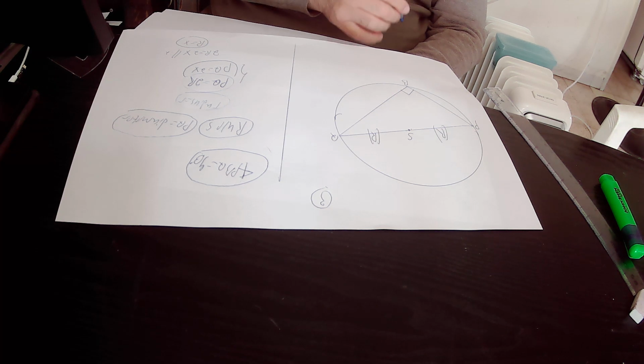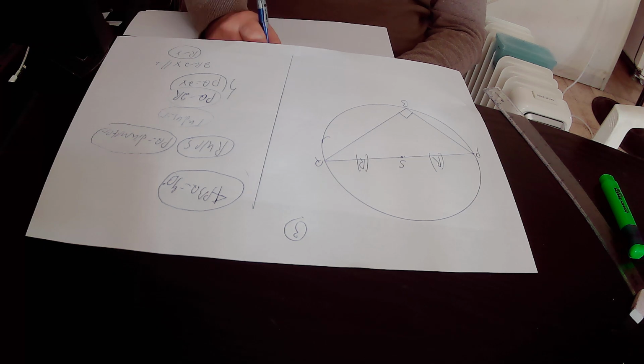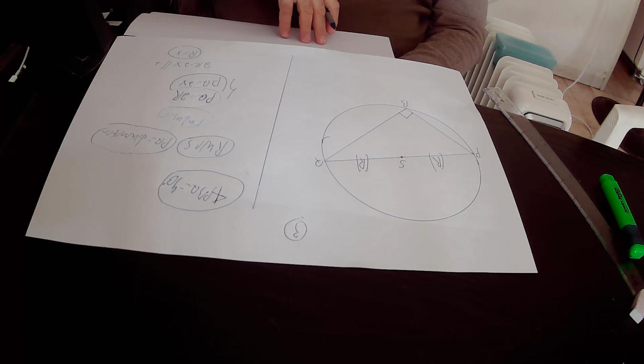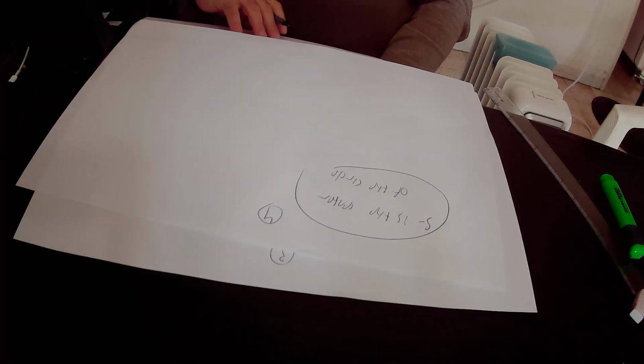So I write it down. Point S is the center of the circle.